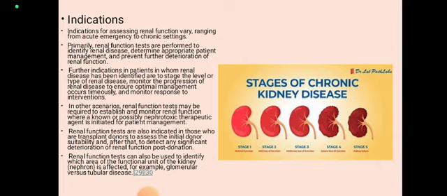Here in all these steps, I am telling you how the tests I have explained above can indicate what kind of emergency situation or what kind of situation a patient is in. If he is in stage 1, he can be called acute renal function disorder.